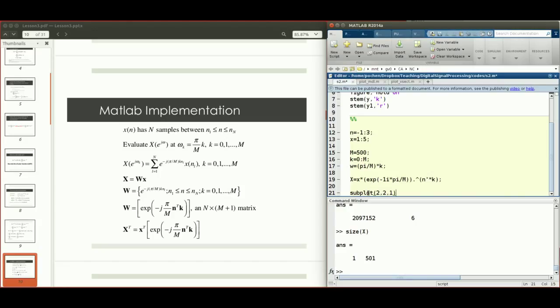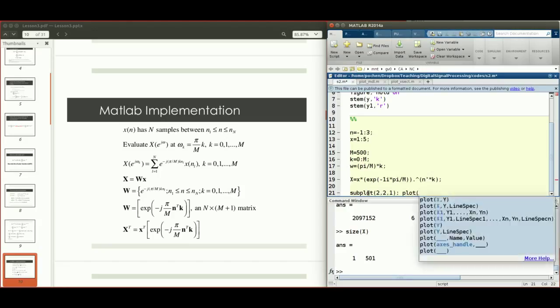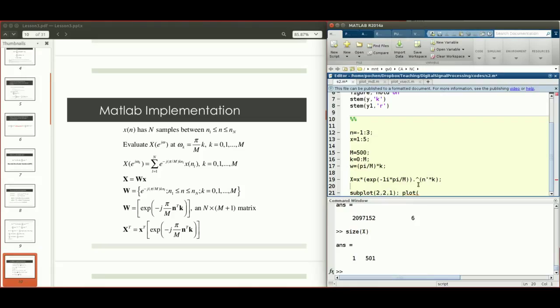And for this first subplot, I'm going to plot the amplitude of the x signal. But before we plot, let's compute it. Let's call the amplitude magx equals abs(x). That's basically the amplitude of it.